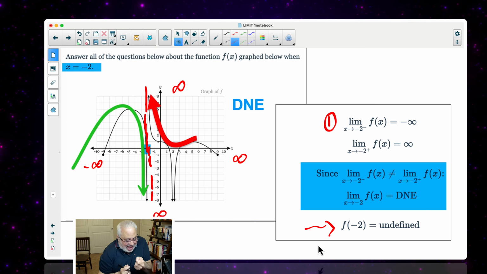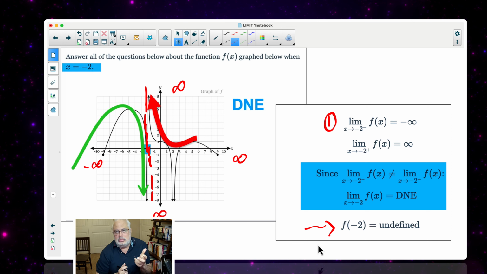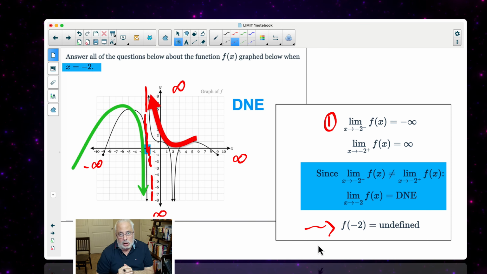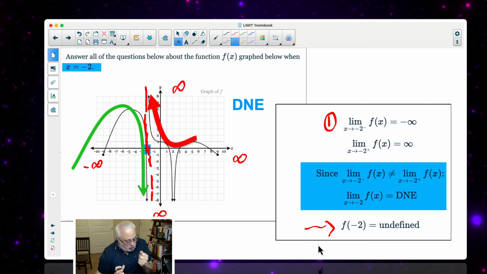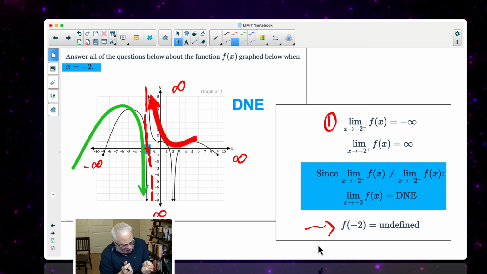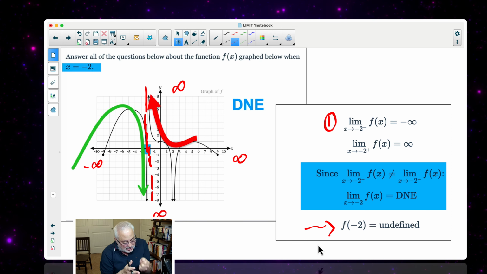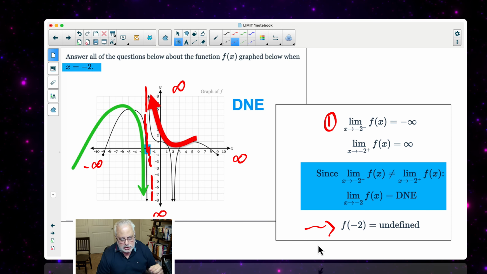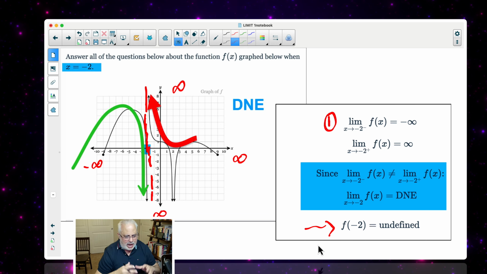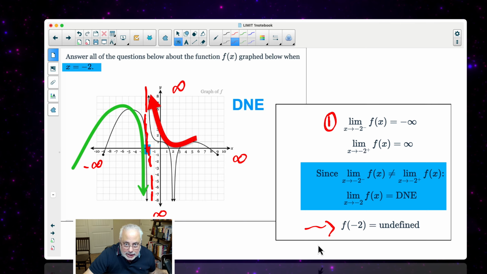We don't have an actual output value when x is equal to -2. This is what is called in mathematics undefined. So we don't have a function value, we don't have the y value, we don't have a dependent value when x is actually -2. And we say that the function is undefined for that particular value. What do you think? Tell me now.